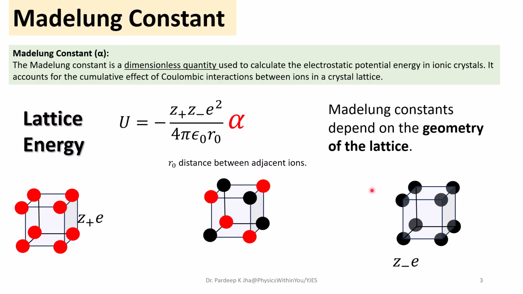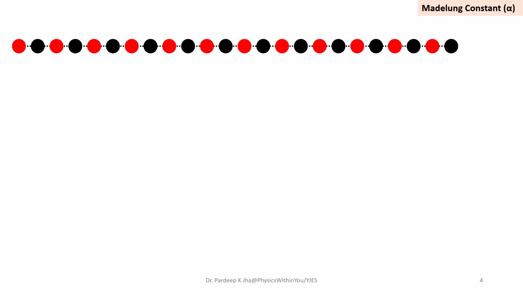Now let us see how it can be calculated for a 1D system, because we understand this depends on the geometry. There may be 1D, 2D, 3D, the natural one being 3D. We'll start with 1D first. In the case of 1D, we will take the example of sodium chloride, which has an alternating pattern of positive and negative ions.